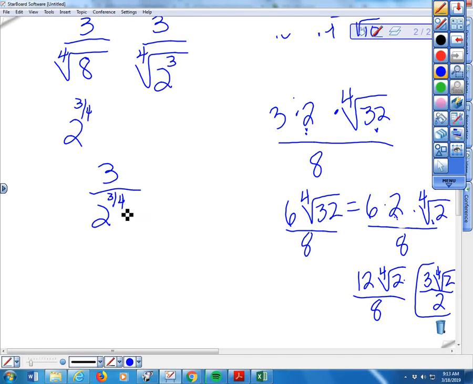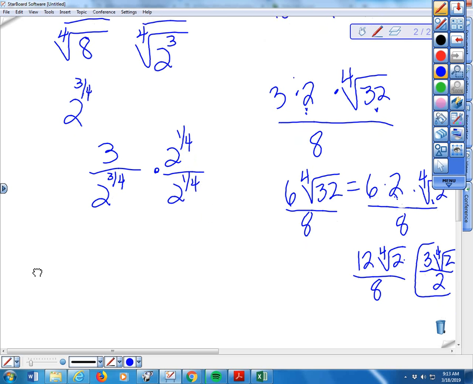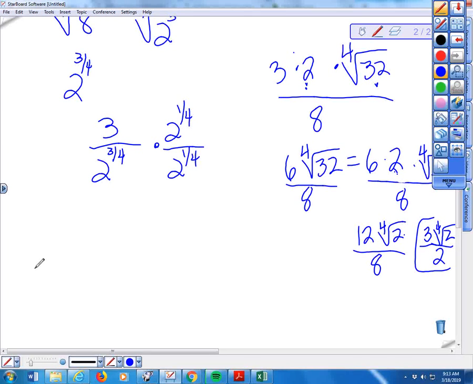So what do I need to add to 3/4 to get 4/4? 1/4. So I'm going to multiply this like this. On top then, I have 3 times the 4th root of 2 all over 2. And it was because I knew 8 was 2 to the third.